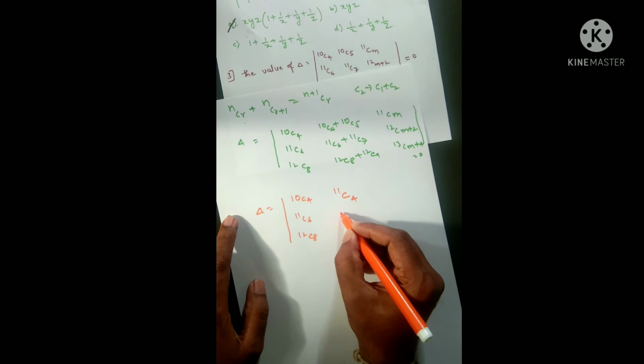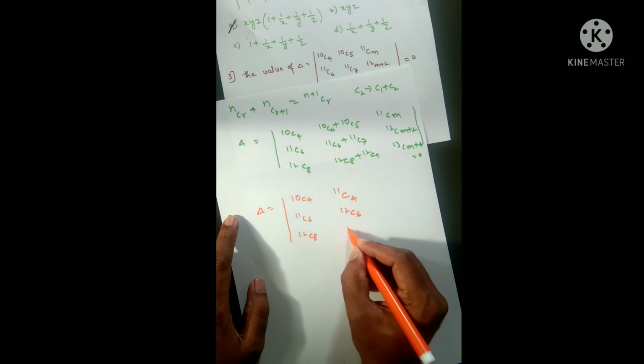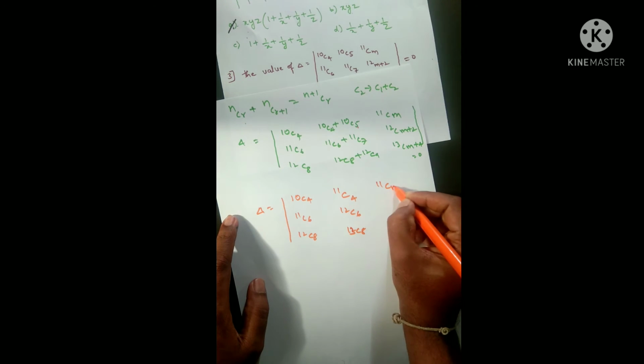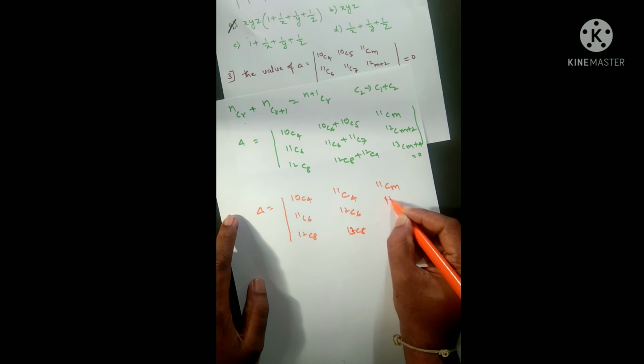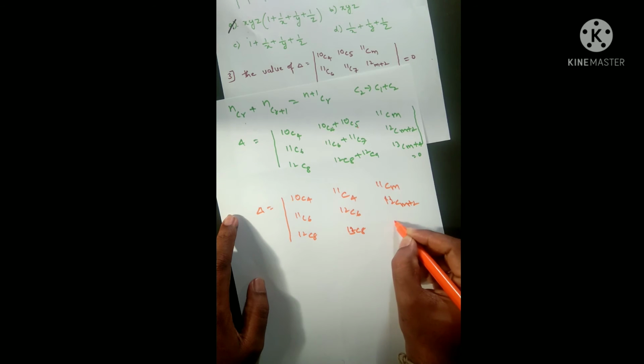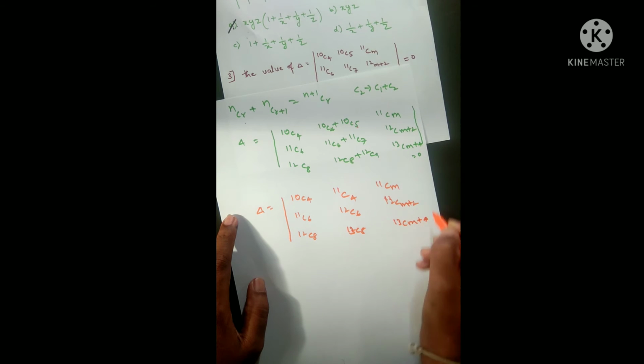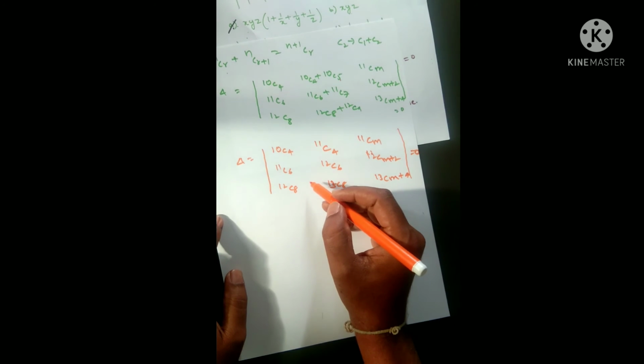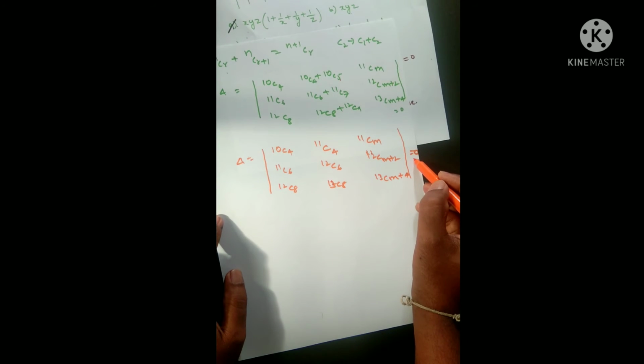This is 12C6, this is 12C8, sorry, 13C8. Then 11Cm, 12C(m+2), then 13C(m+4). The value of this determinant is equal to 0, we know that.